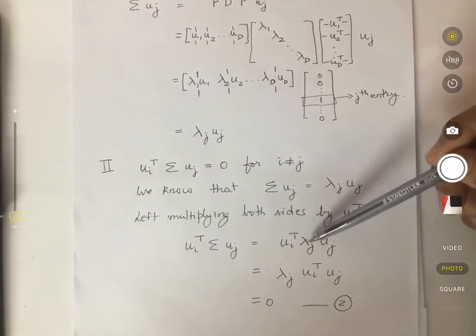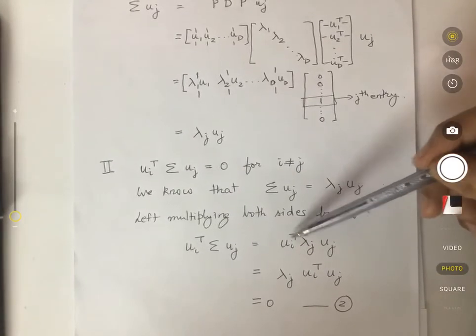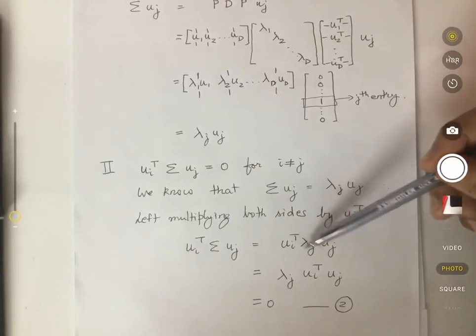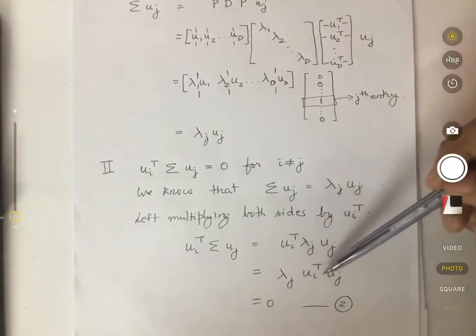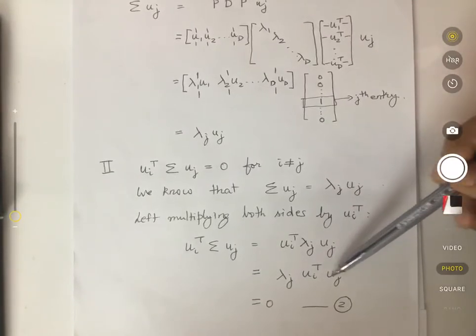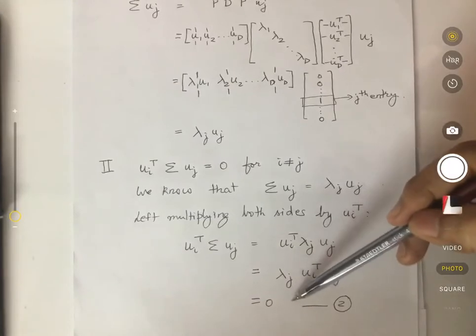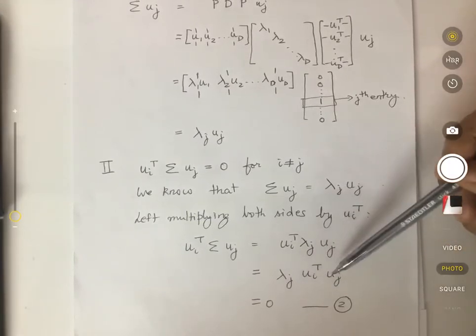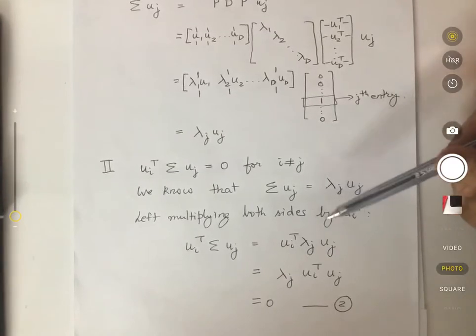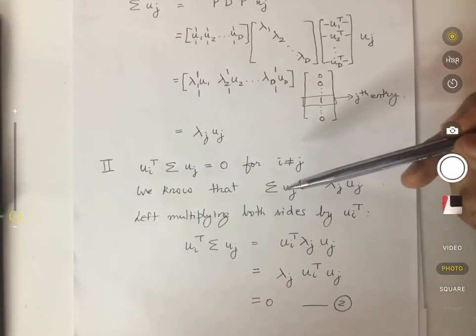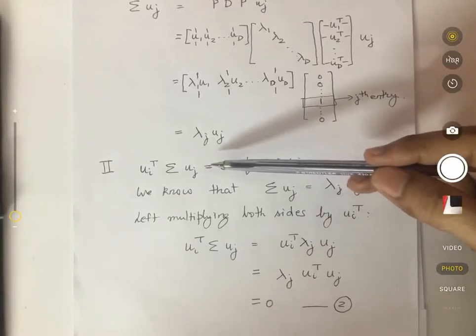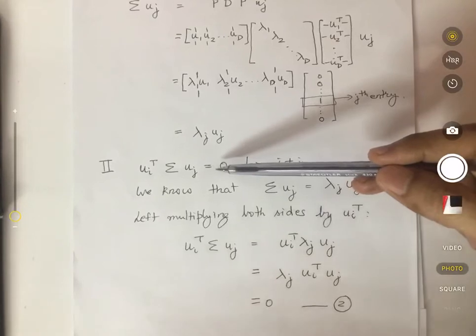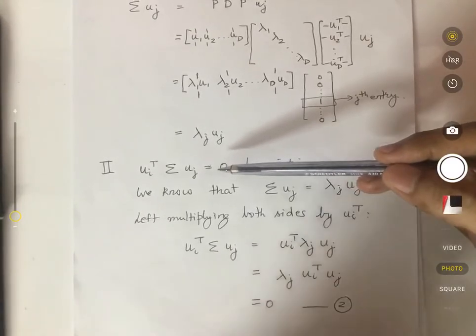Now matrices and vectors are commutative with respect to scalar multiplication, so you can interchange these two and you get lambda j ui transpose uj. And you know that ui transpose uj is equal to 0 because these two are orthogonal unit vectors. So this result is proved: ui transpose sigma uj is equal to 0. We will make use of this result later.